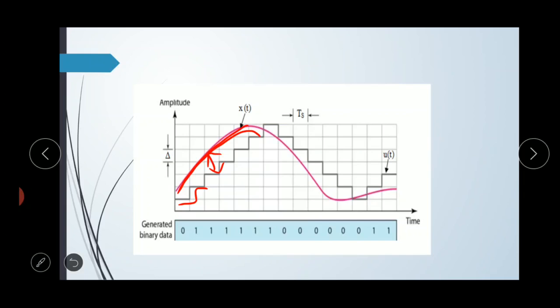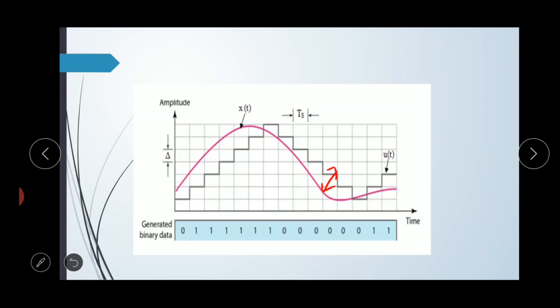So here we can see the signal is changing slowly, but the staircase signal is going as per its step size. So here also it cannot properly approximate the input signal. So a large difference is present here. So this type of error is known as granular noise.